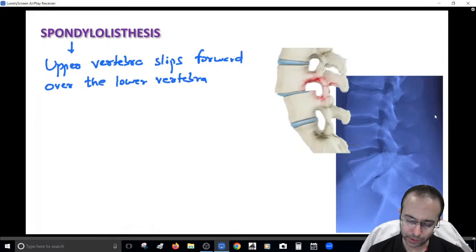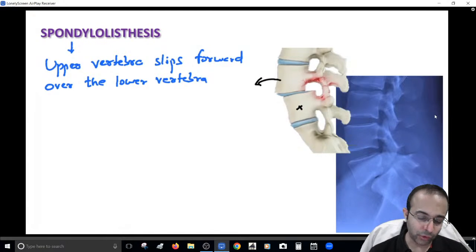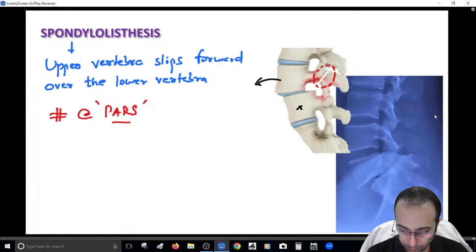Like if you see over here, this upper vertebra is slipping forward over this lower vertebra. This is spondylolisthesis. Now in spondylolisthesis, you have a fracture involving this area of the bone called pars. So this pars breaks and the upper vertebra slips forward over the lower vertebra.